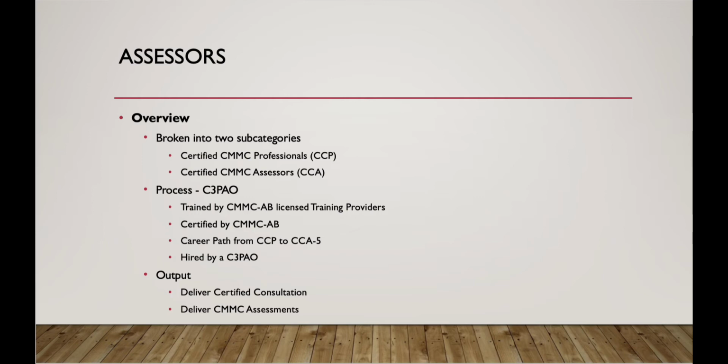That may change again with version 2 and in subsequent versions, but right now it's saying you have a certified professional, and then you have a certified assessor 1 through 5. They will be hired by the C3PAO. And then they will go out, and an assessor will deliver certified consultation, and they'll deliver assessments based on the criteria called out by the CMMC.